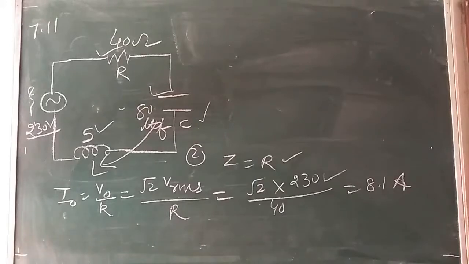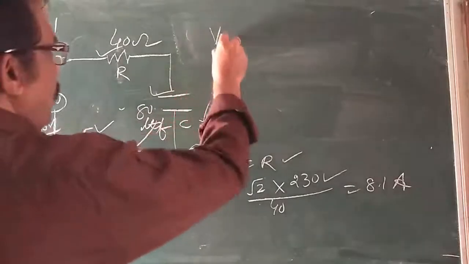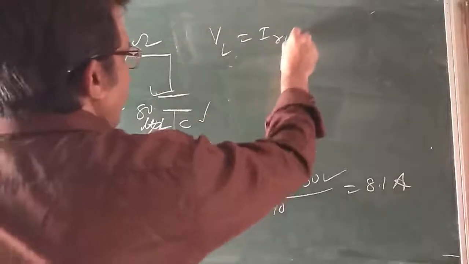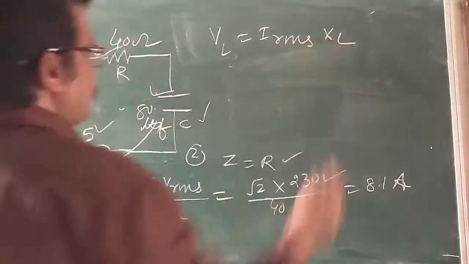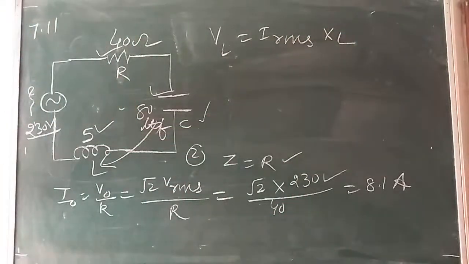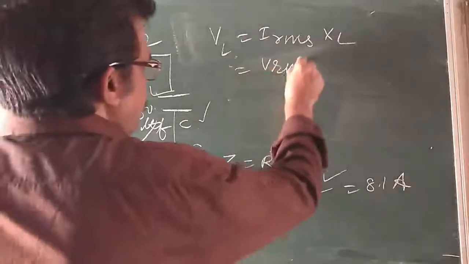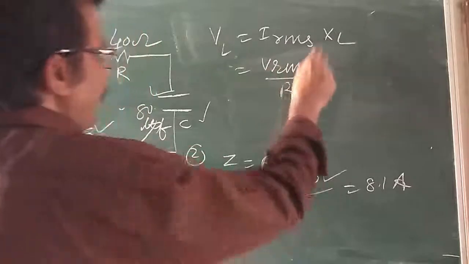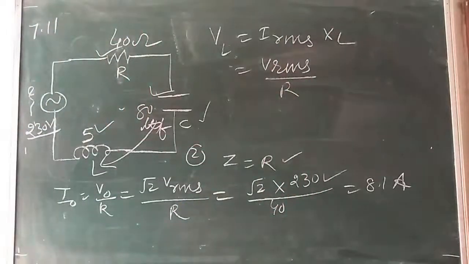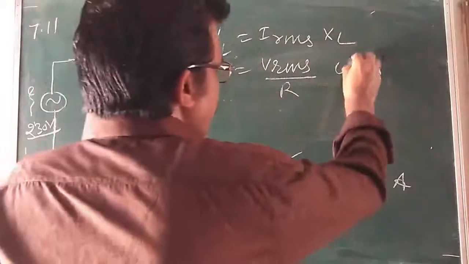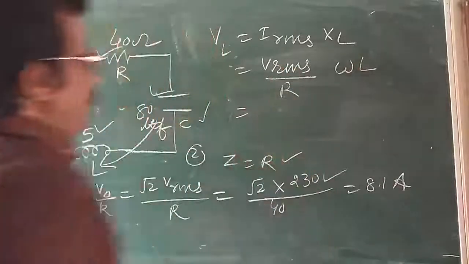Potential drop across inductance, that is I of RMS into XL. This is our formula. I of RMS, that is V of RMS divided by R. And what is your XL? XL is equal to omega L. All values put it.